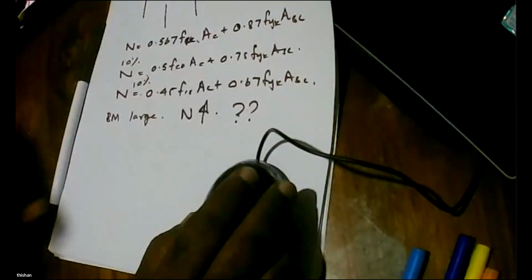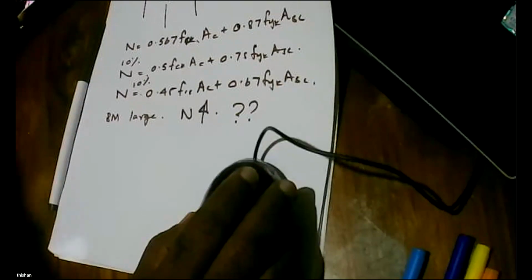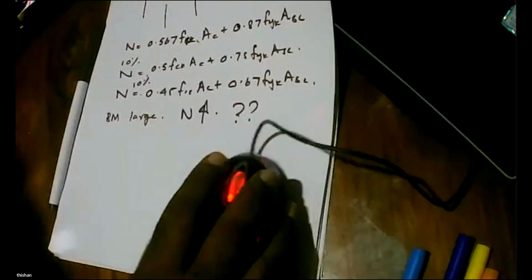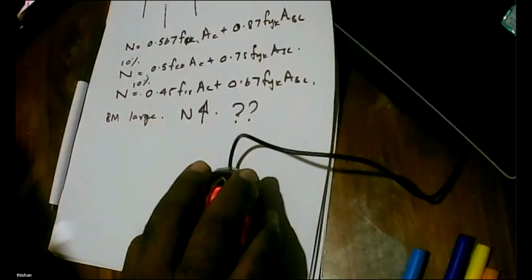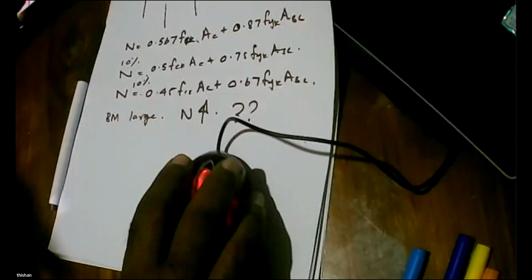The column interaction chart is given in BS 8110 Part 3, and similar charts can be found in another document. Sorry, just one moment. I'll share the screen, but before sharing, give me a moment to load another document.